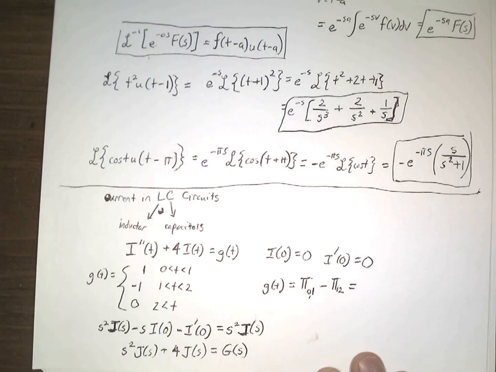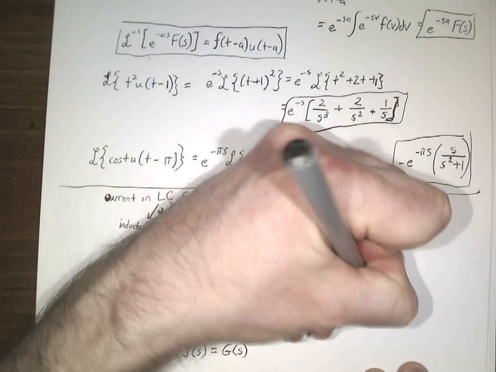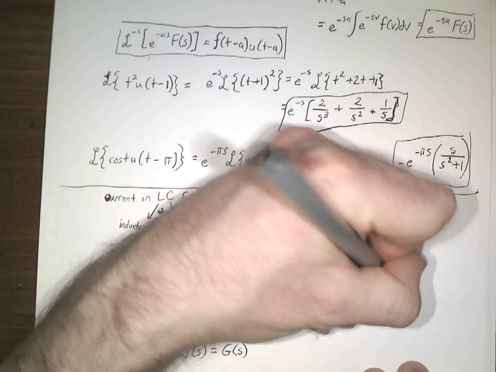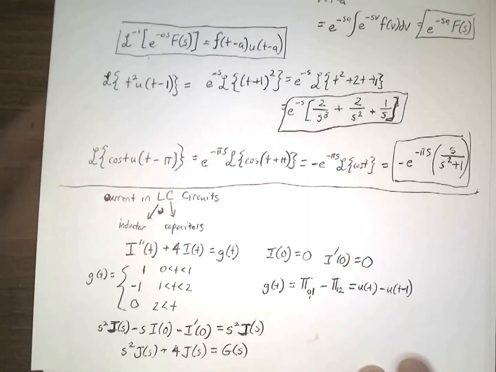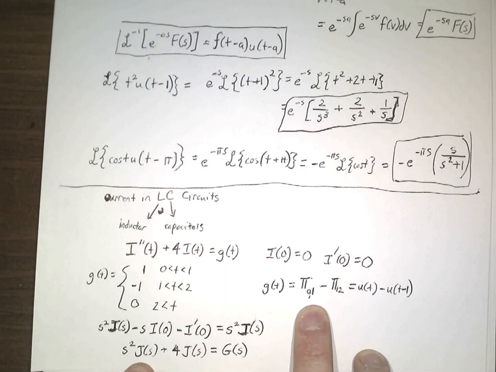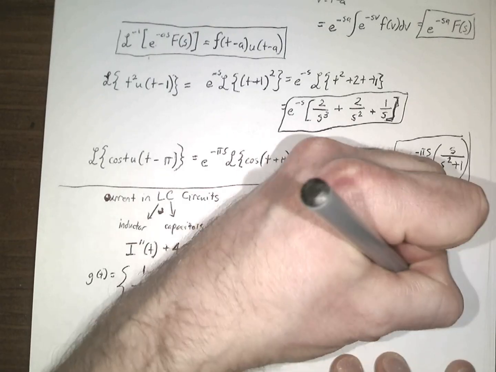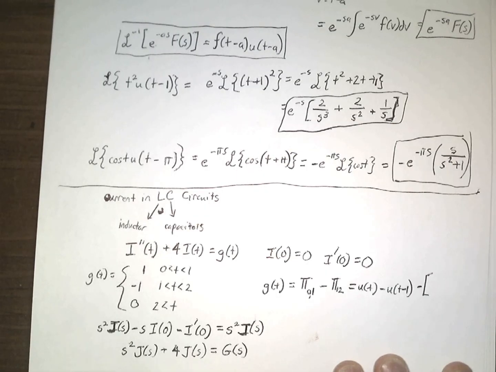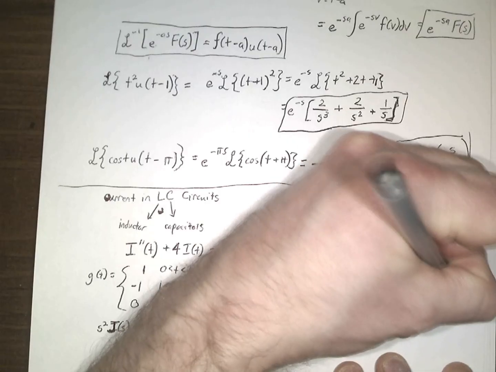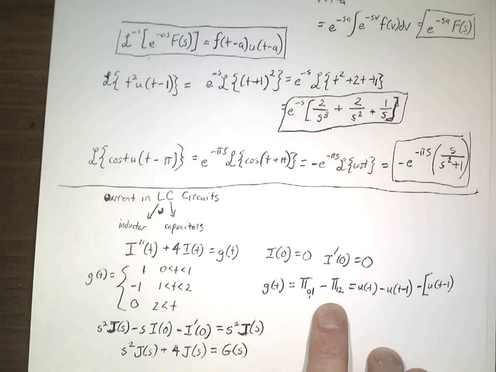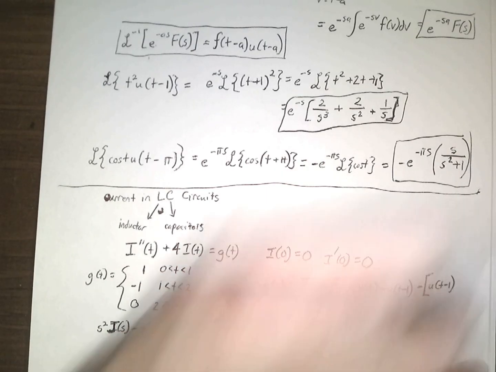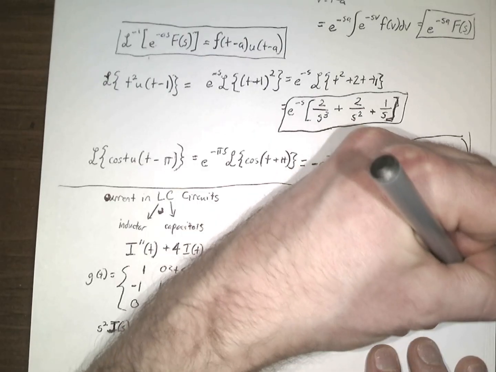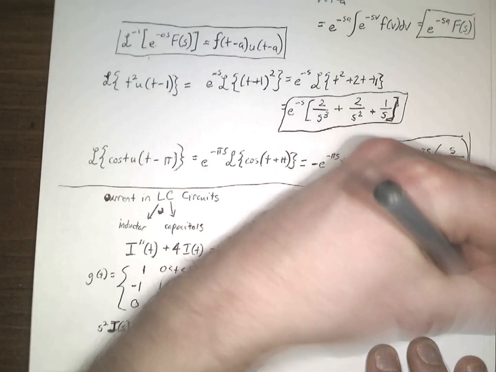And so if we want to write this in terms of the u's, we're going to get u of t, that's our 0, minus u of t minus 1. So that's the other bound of the first window function. And then we're going to subtract from that u of t minus 1, that's our first one, minus u of t minus 2.